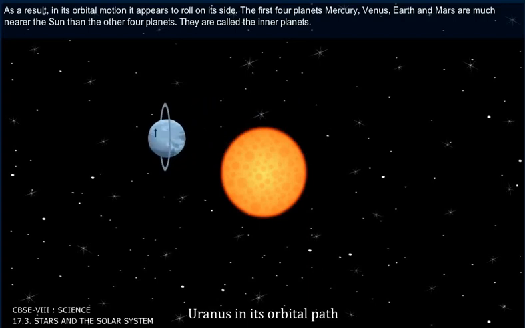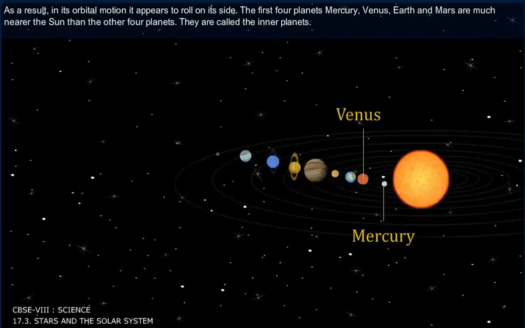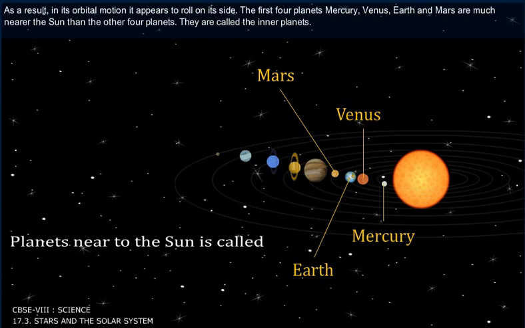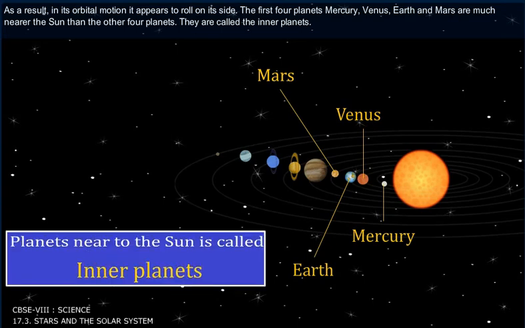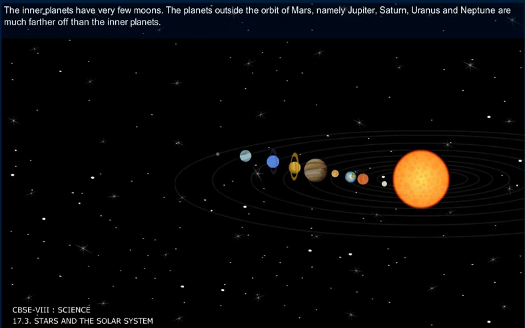They are called the inner planets. The inner planets have very few moons.